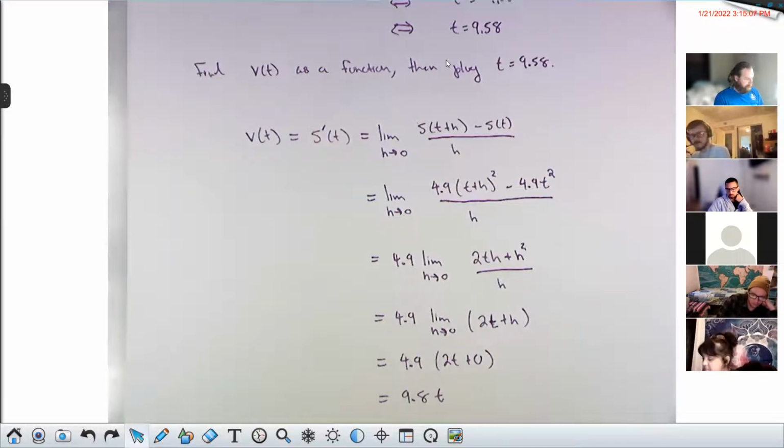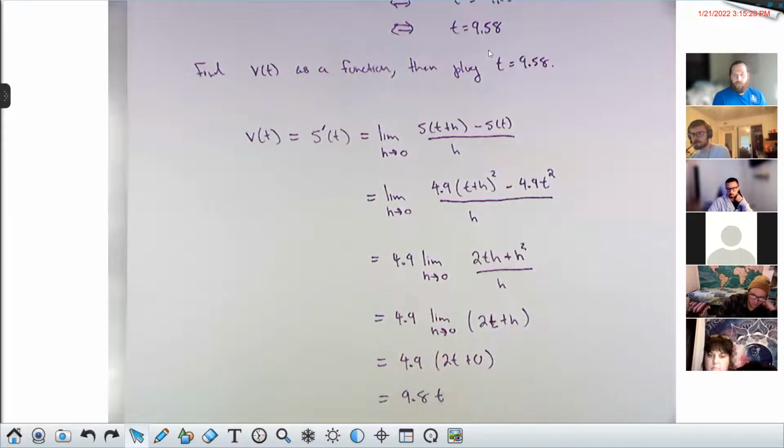Check my arithmetic, yeah. So the velocity of this ball, or the speed we should really say, because the velocity would be negative because it's falling down. The speed that this ball is falling at any moment during its fall is 9.8 times the amount of time it has been falling.